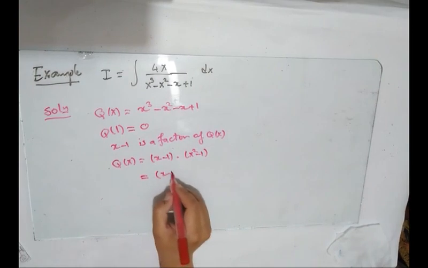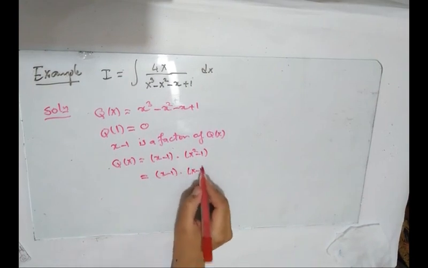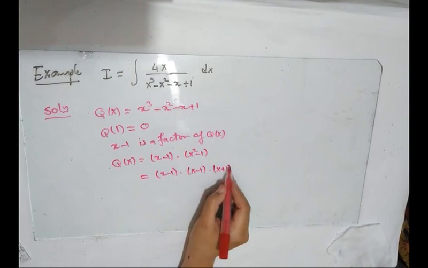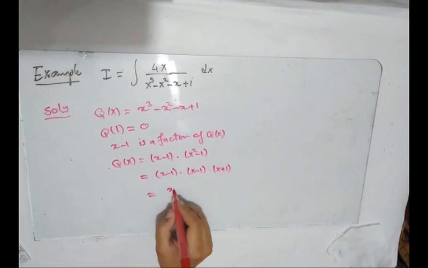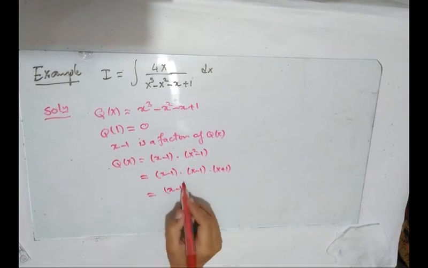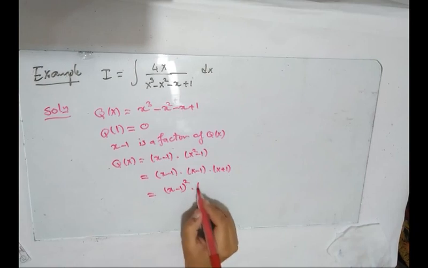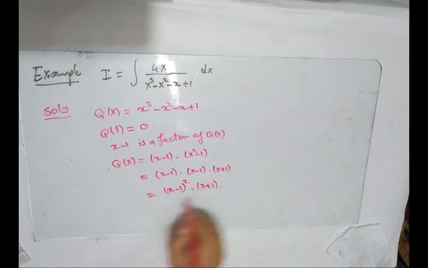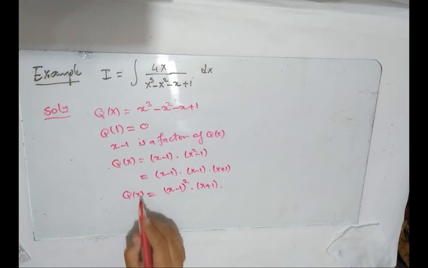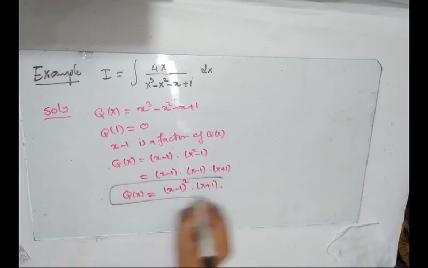It will be x minus 1 times x minus 1 times x plus 1. So q of x splits into (x minus 1) squared times (x plus 1). So this is the factorization of q of x.